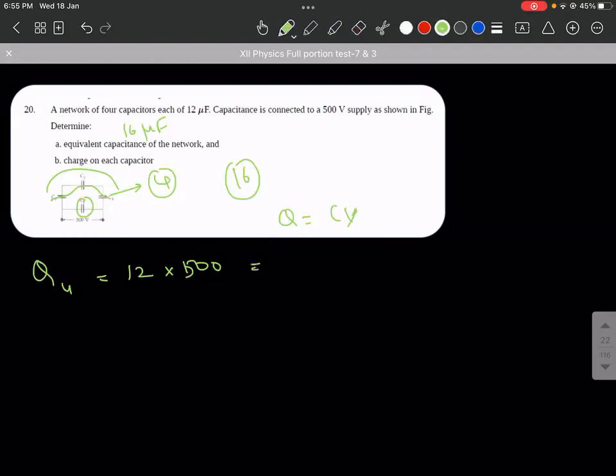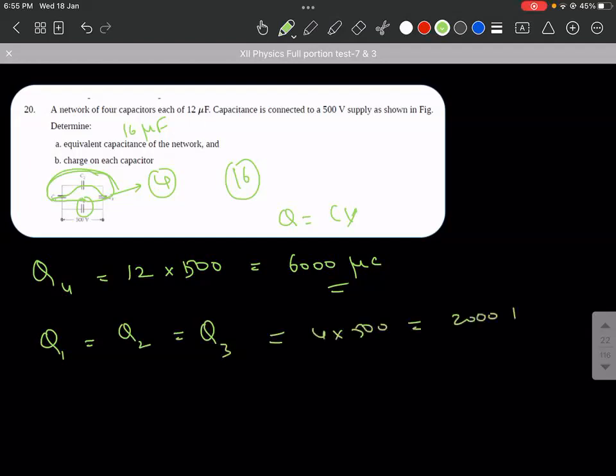So 12 into 500 is going to be 6000 microcoulomb. Am I right? And what is going to be the charge on C1, C2, C3? Q1 is equal to Q2 is equal to Q3, which is equal to 4 into 500, which is going to be 2000 microcoulomb.